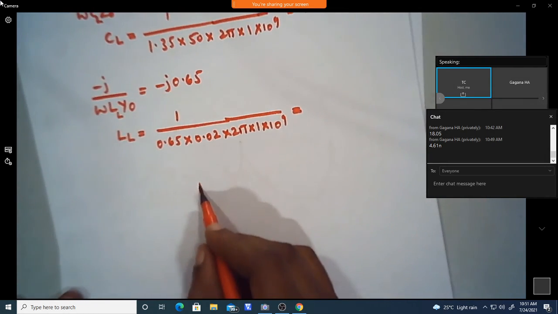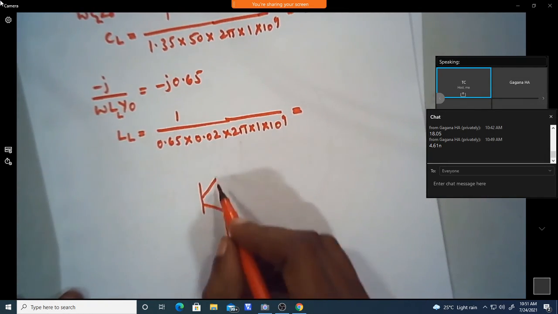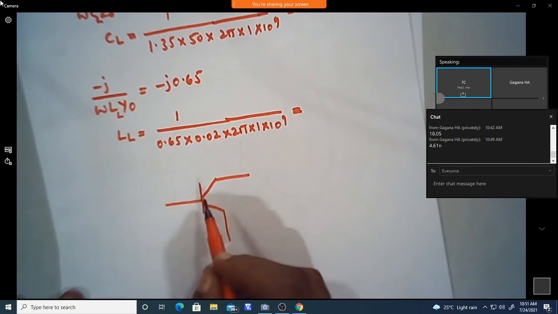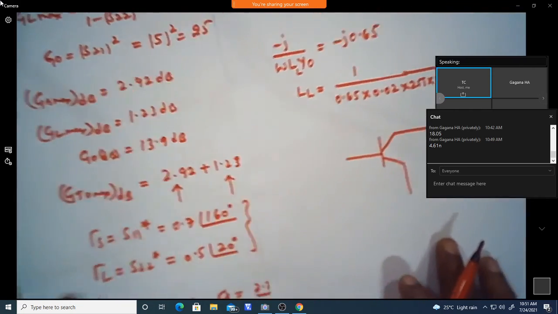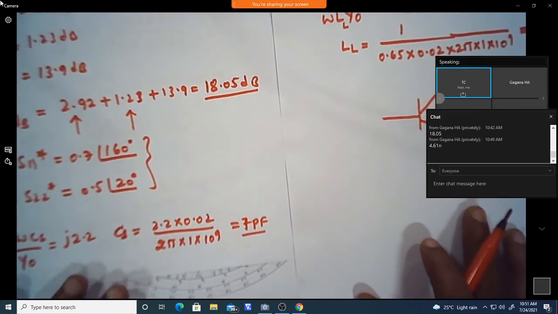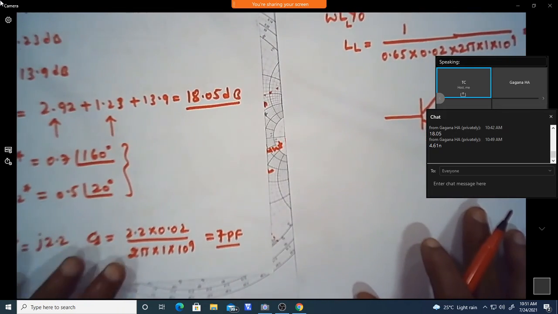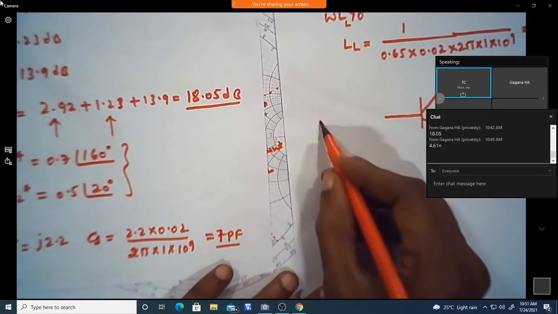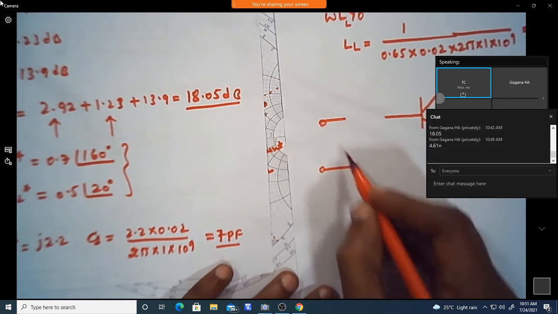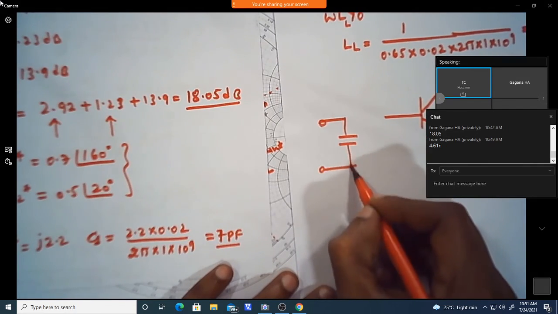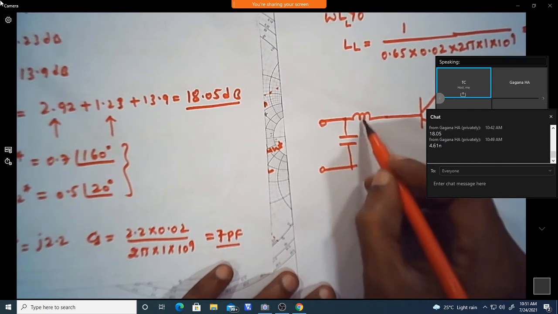Now after finding out we can write the network. Whatever we got, the CS values, LS values, we can write. From the input side we have the capacitor CS and then the inductor LS.